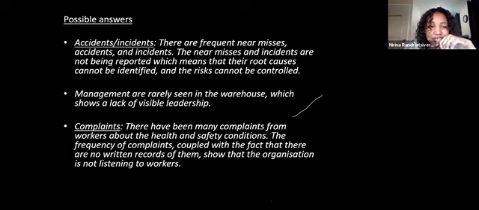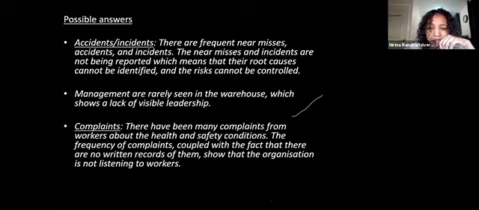So you can have this system of having bullet paragraphs, but have more than one piece of information in one bullet. Okay, so management are rarely seen in the warehouse, which shows a lack of visibility. The complaints, that's also one indicator, but I see many pieces of information here. So many complaints, that's one indicator of negative health and safety culture.